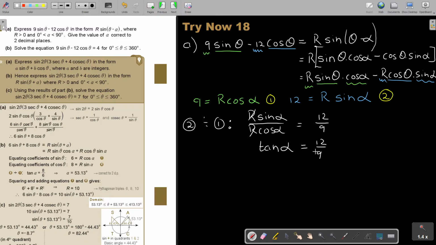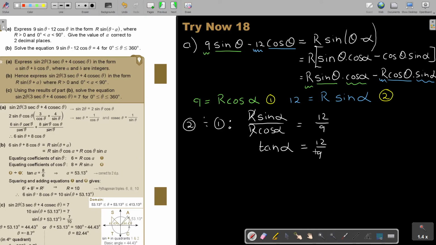And now I can take my calculator, make sure it's on degrees. So say shift, and then I go tan, and I go bracket, 12 divide 9, close the bracket, equals, okay, let's just see, mine was not on degrees, I used another one, it was on the degrees.